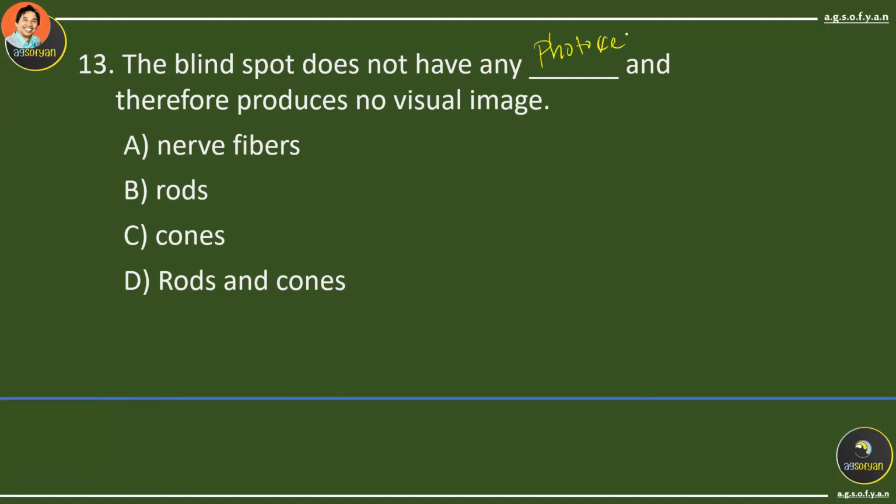There are two types of photoreceptor. For black and white, it is called rod photoreceptor. For color, it is called cone photoreceptor. So it does not have rods and cones. So D should be the answer.